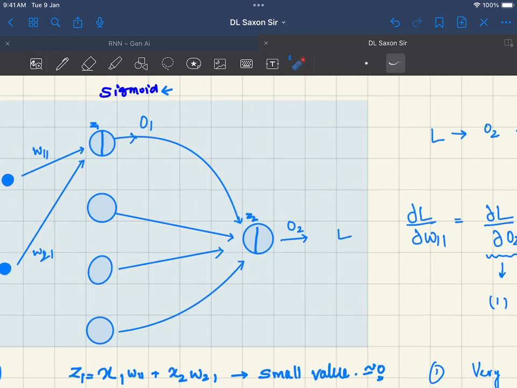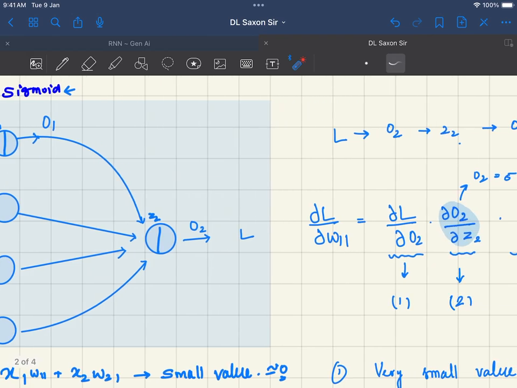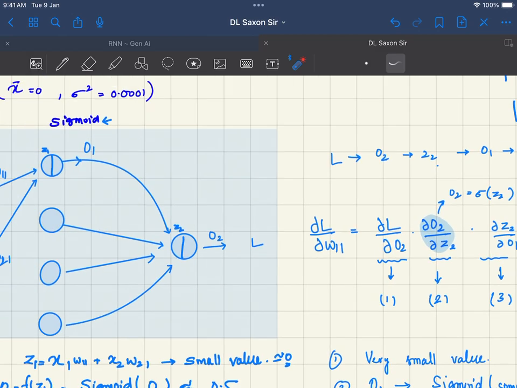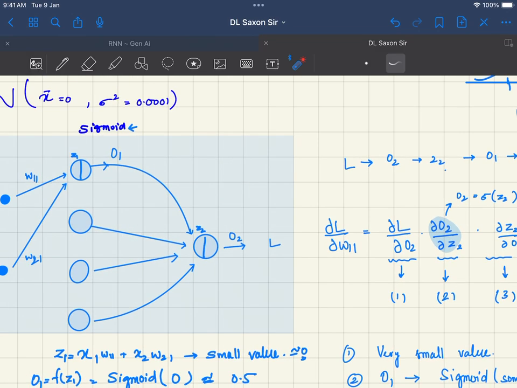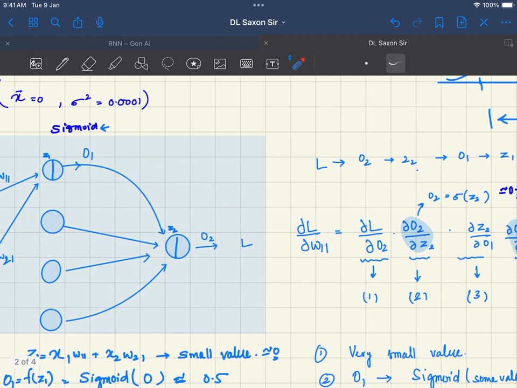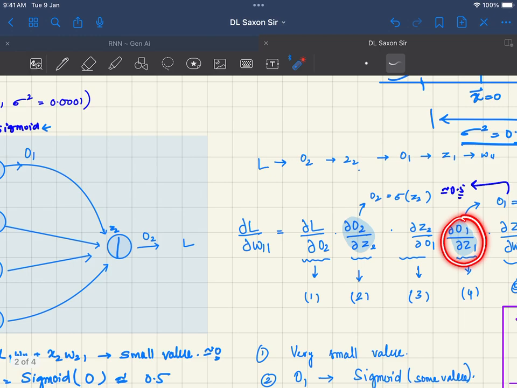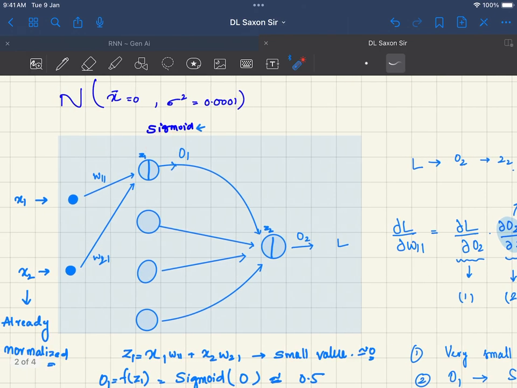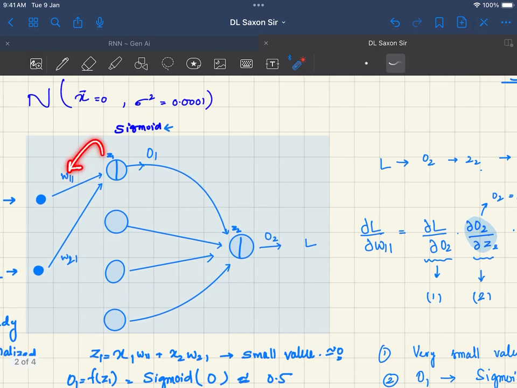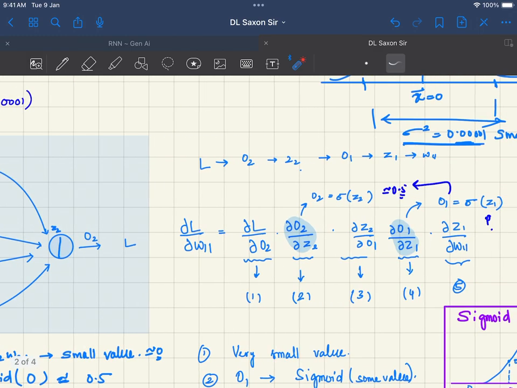Because of this chain relationship, we can write dou L by dou W11 in the same order: dou L by dou O2, dou O2 by dou Z2, dou Z2 by dou O1, dou O1 by dou Z1, and dou Z1 by dou W11.